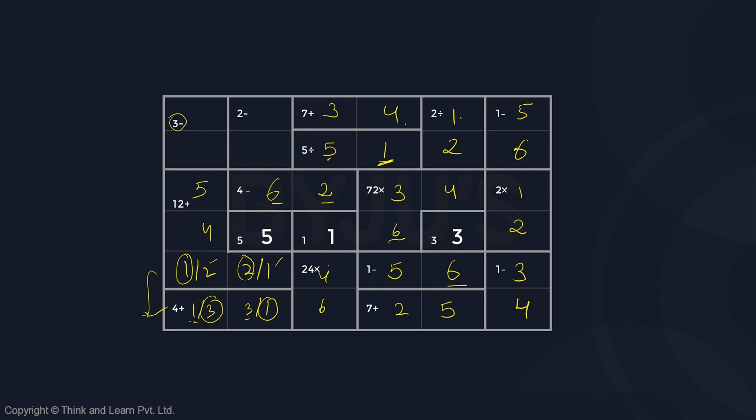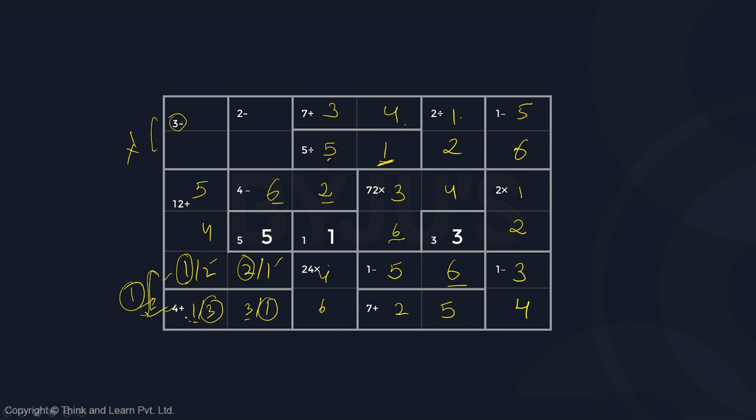So can I say in these two cells, 1 is definitely used either here or here? I am not sure about 3, but I am pretty much sure 1 will be either here or here. So I cannot use 1 here.